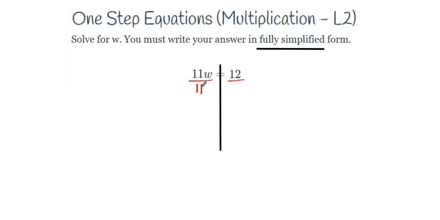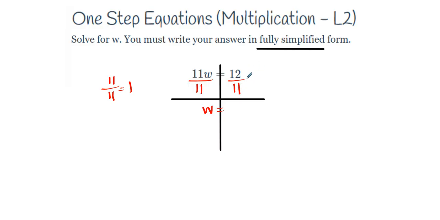But as we've done in the past, whatever you do to one side, you should also do to the other. Then I'm going to draw my horizontal line, and now I'm going to simplify that equation because the step that I just did was divide by 11 on both sides. Again, 11 divided by 11. Please remember that 11 divided by 11 is equal to the number 1, and 1 multiplied by W is just W. So I have W is equal to, now the question we want to ask ourselves is, do 12 and 11 share any common factors?